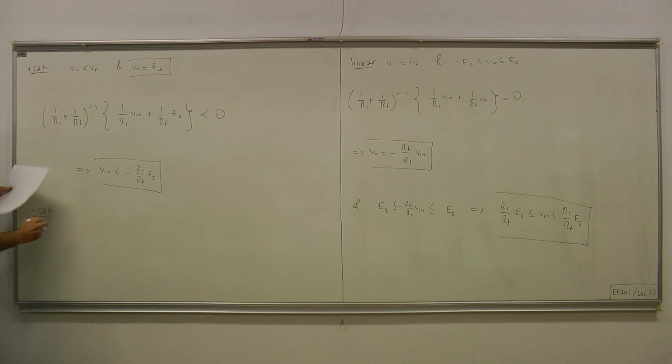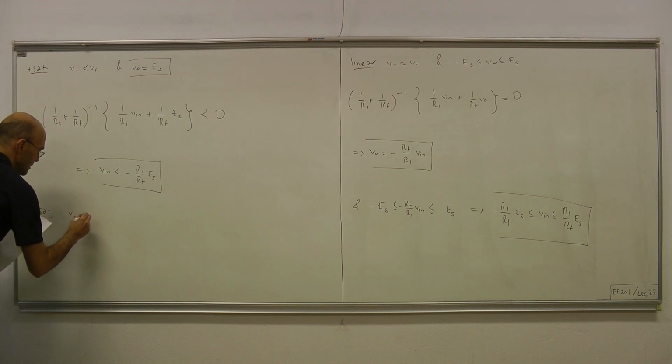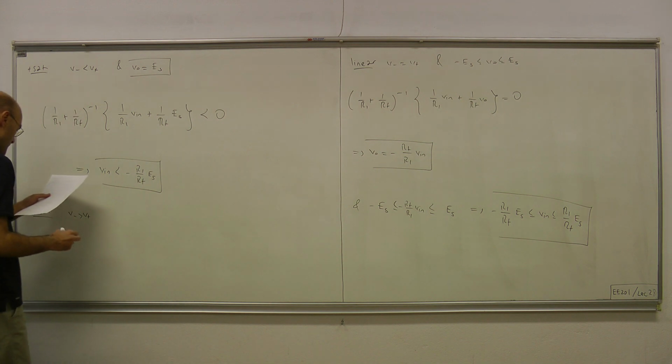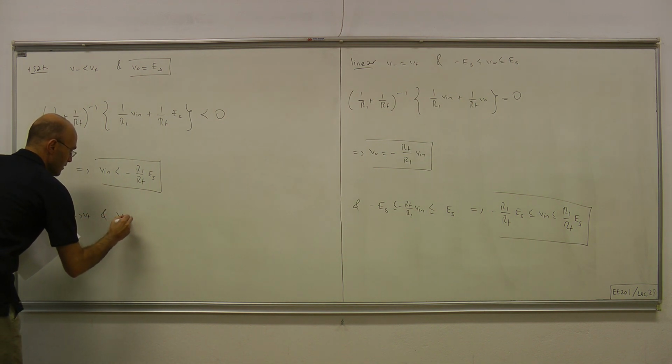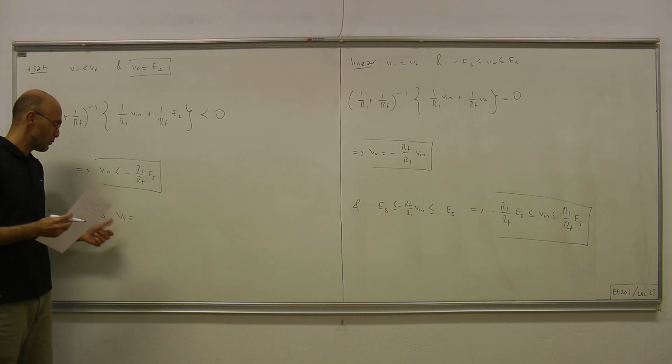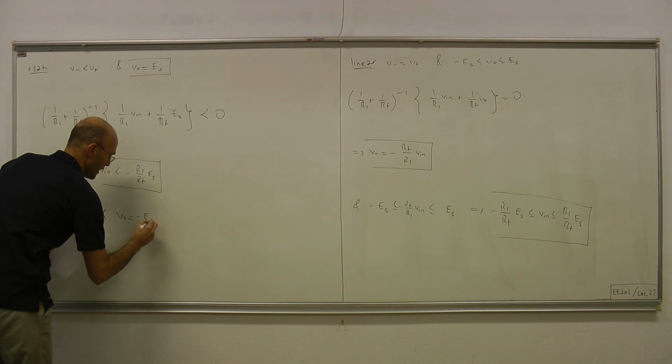As for the negative saturation region, V minus must be larger than V plus, and there is nothing to compute about the output voltage. It's fixed at minus ES.